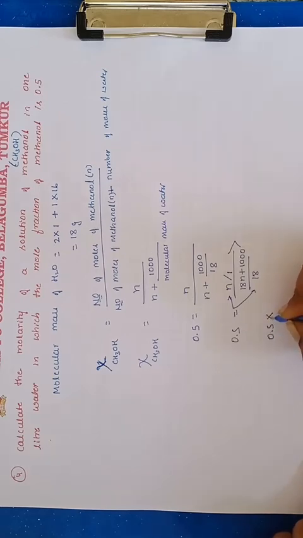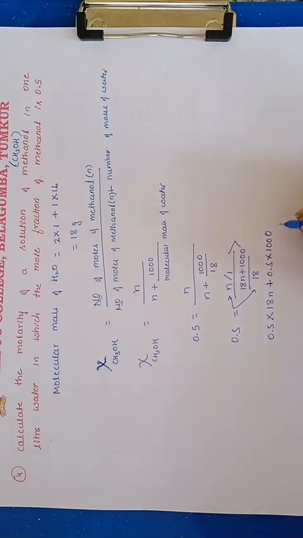We get 0.5 into 18n plus 0.5 into 1000, that is equal to 18n.